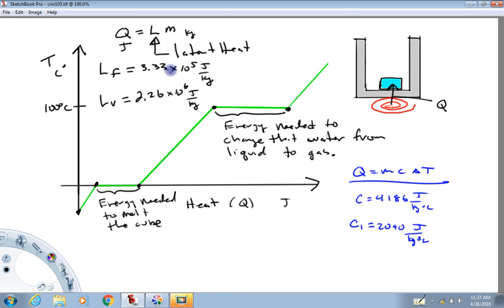Not quite 10 times bigger, but about 9. And what that means physically is really important. It takes a lot of energy to vaporize a kilogram of water. In fact, it takes 2.26 million joules of energy to vaporize a kilogram of water. It only takes 333,000 joules to melt a kilogram of ice.